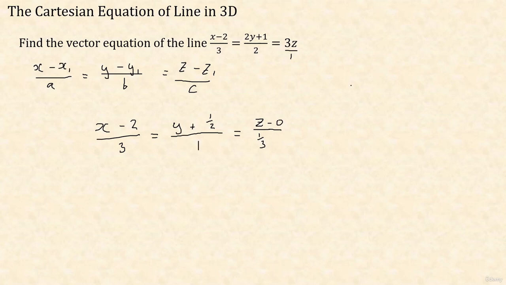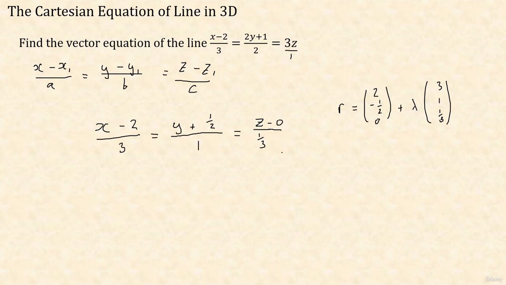Now, this would be okay. I could then write my vector equation because my position is 2, minus a half and 0, and my direction is 3, 1, a third. It's just usually conventional to have the direction expressed, if you can, in integers. And so we could just multiply through by 3.